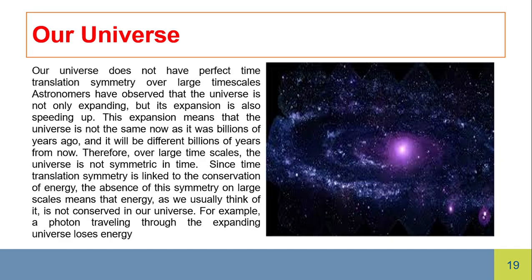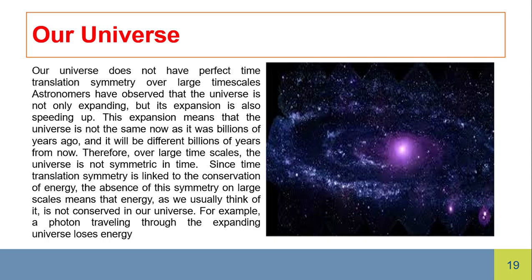Our universe does not have perfect time translation symmetry over very large time scales. Astronomers have observed that the universe is not only expanding, but its expansion is also speeding up. This means that the universe is not the same now as it was billions of years ago, and it will be different billions of years from now.